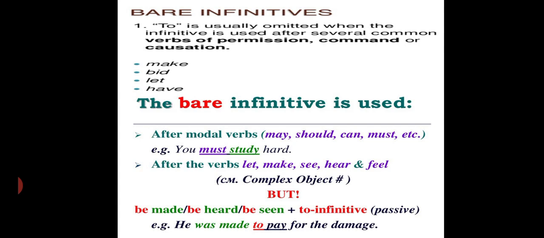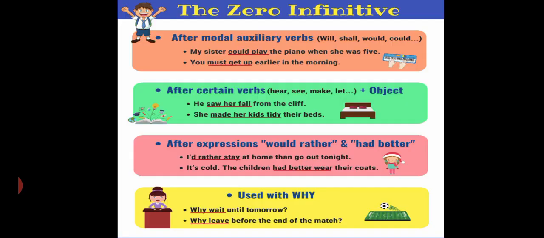This is incorrect. After the verbs let, make, see, hear and feel. Be made, be heard, be seen plus the to infinitive. How? He was made to pay for the damage. Now the bare infinitive is also known as the zero infinitive, and see the other ways of doing it.